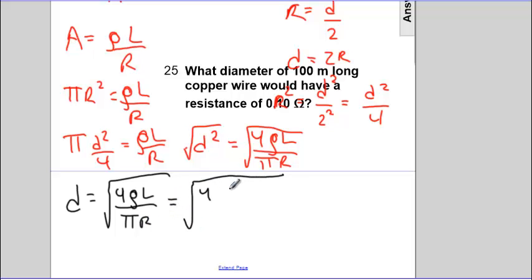happens to be the square root of 4 times the resistivity of copper wire. Think back, we have to remember that. That is still 1.68 times 10 to the negative 8.